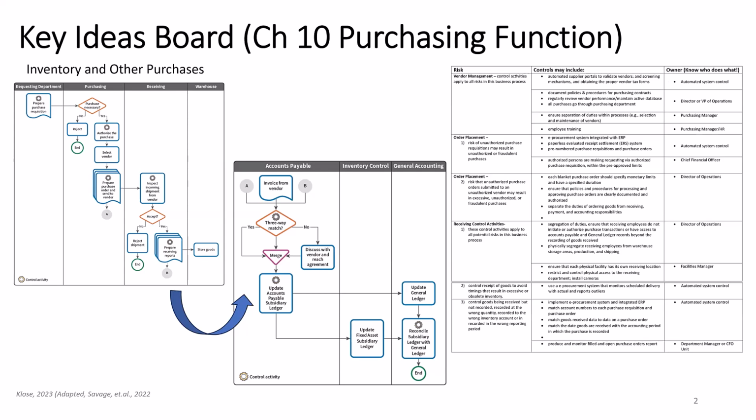And we also have the documentation of the packing slip or shipping document, and at that point, we can set up the process of paying the invoice in the accounts payable module.